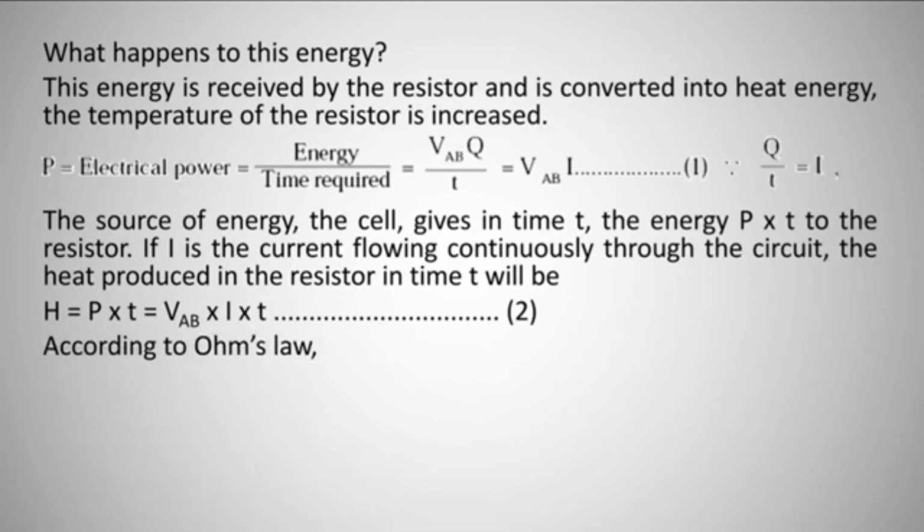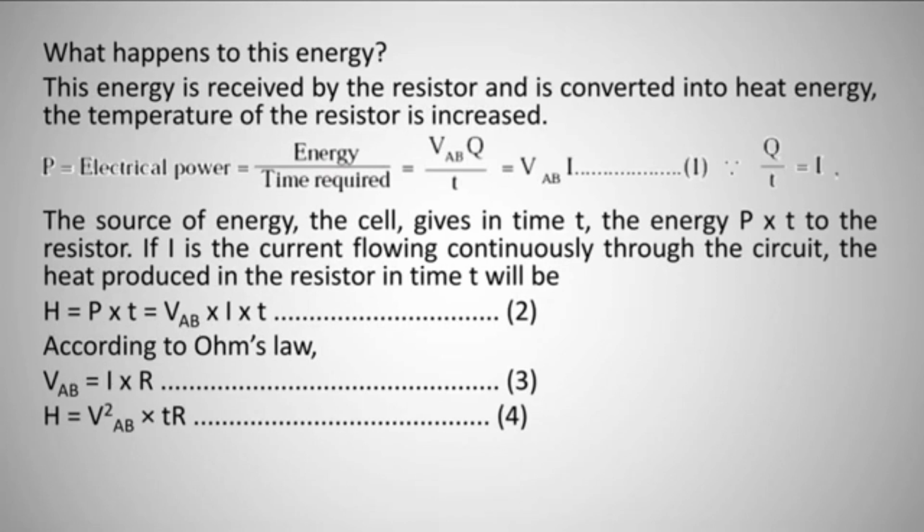So, according to Ohm's law, VAB equals I into R. Substituting this value of VAB in equation 2, we get H equals VAB square into t upon R. Similarly, H equals I into R into I into t, which is equal to I square into R into t.